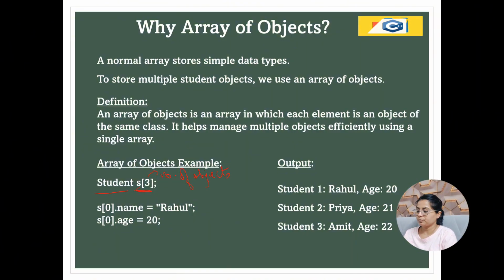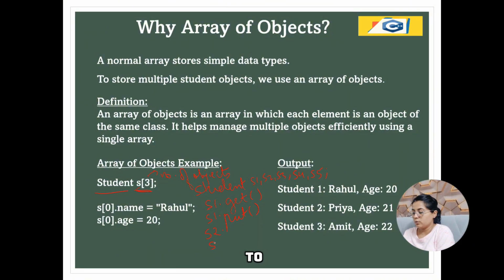Now, why do we need array of objects? The reason is if I want to store 5 students' data, or access 5 students' data and display it, then instead of writing like this, student S1, S2, S3, S4, S5, for each object I need to call the get data function and the put data function.